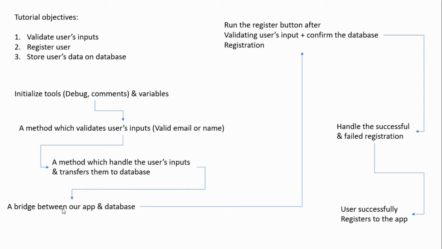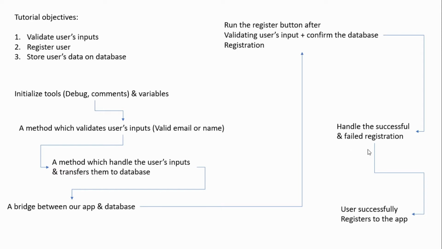Then we need a bridge between our app and database, which will be implementing this information to our database. Then we need to run the register button. That means whenever the user clicks on the register button, we have to handle all of this information and process it successfully and store all the information uniquely on our database.